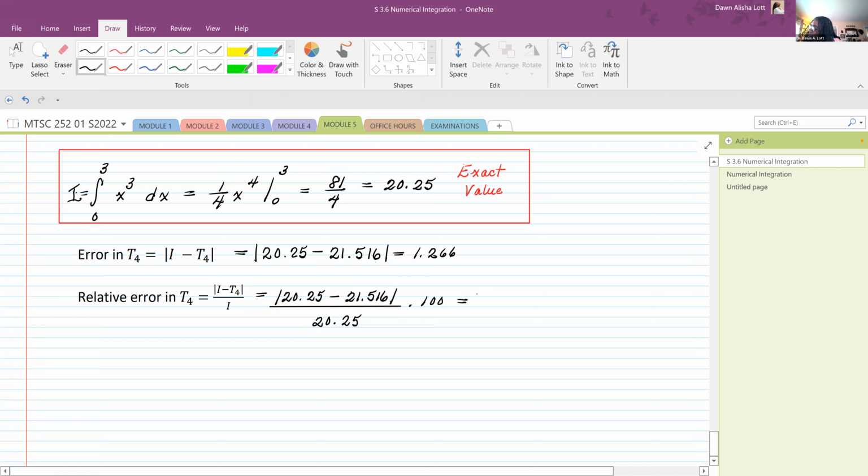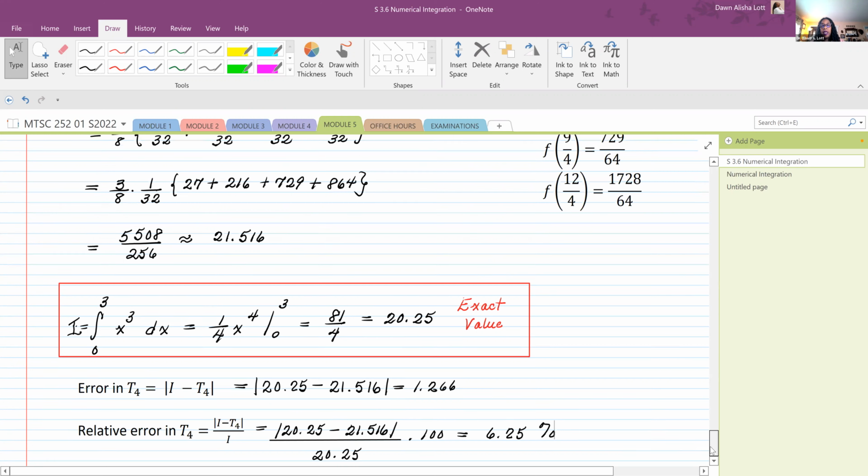And that is equal to 6.25%. So for this particular problem, the midpoint rule gave a better approximation, because the error for the midpoint rule was smaller, remember?